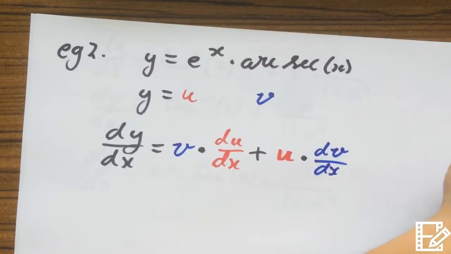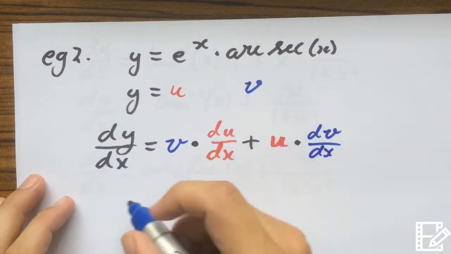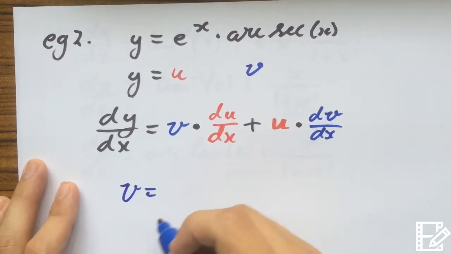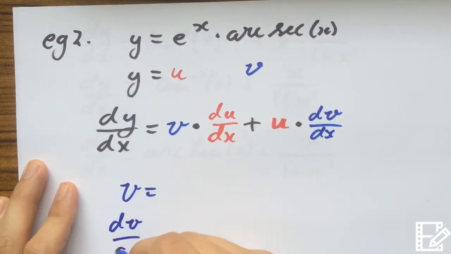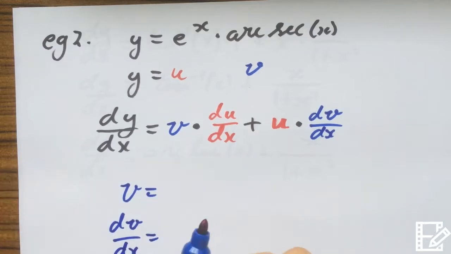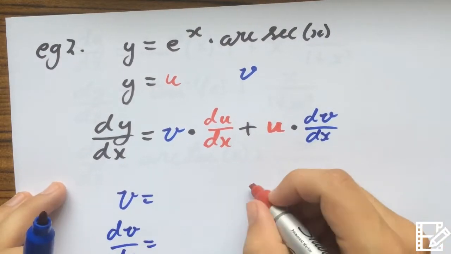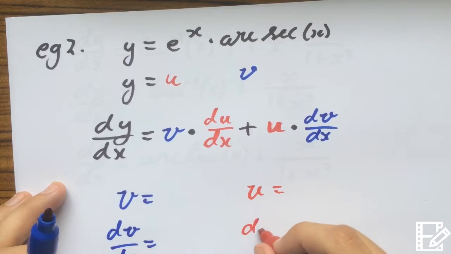Okay, so what do we need? We need v. We need a derivative of v. We need a u. We need a derivative of u.